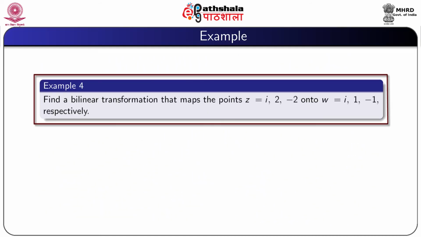So, now we consider an example. Find a bilinear transformation that maps the points z equal to i, 2 and -2 onto w equal to i, 1 and -1 respectively.